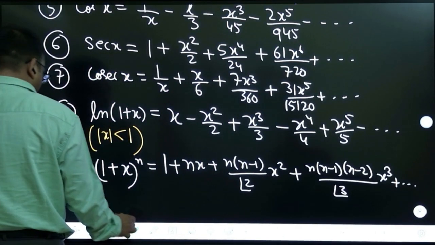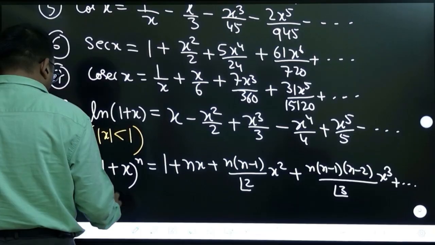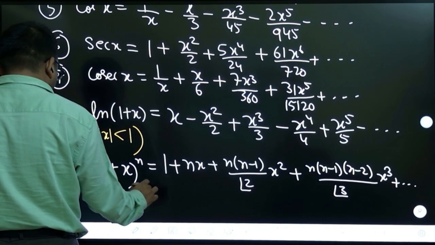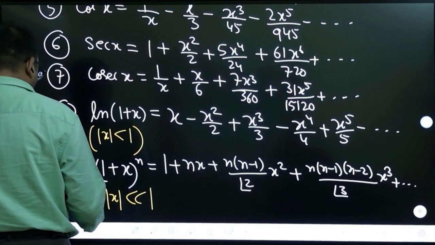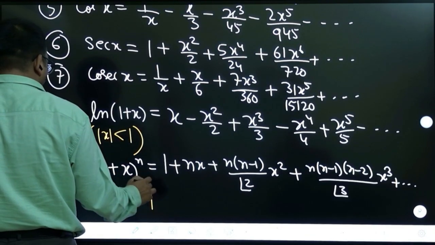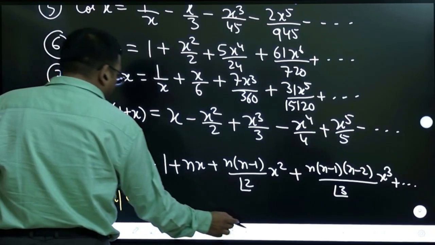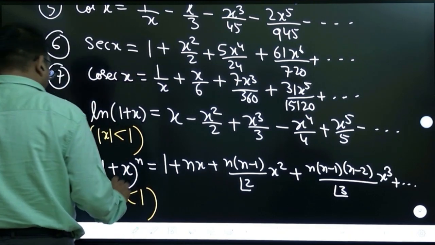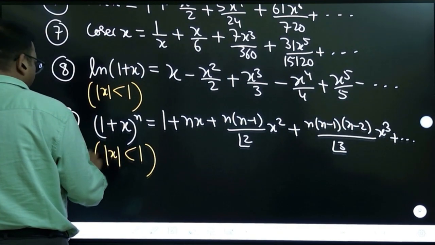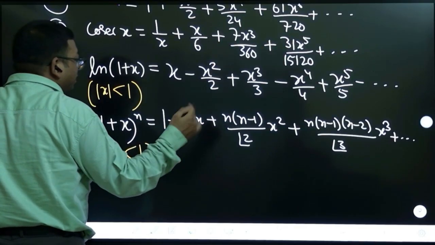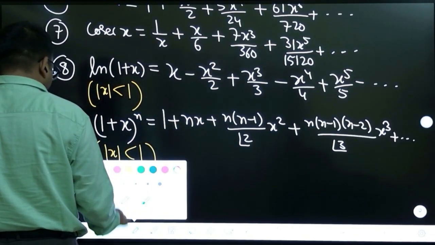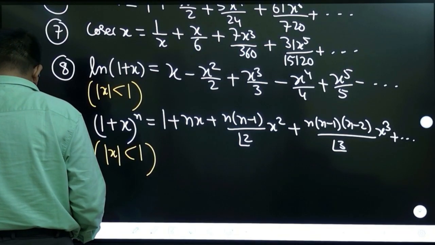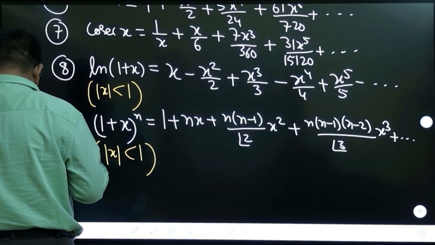In all this, we are taking the condition that mod of x is much less than 1. Very small, not just small, very small. For approximation purposes we take it further, because if x is very small, we can neglect higher powers of x. That's the idea. Then other things we can expand, but no need.